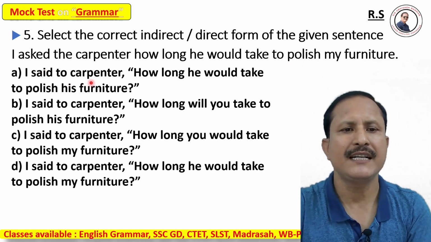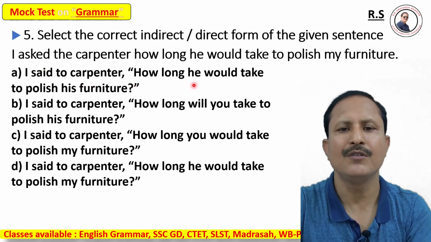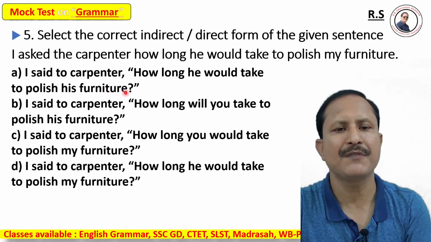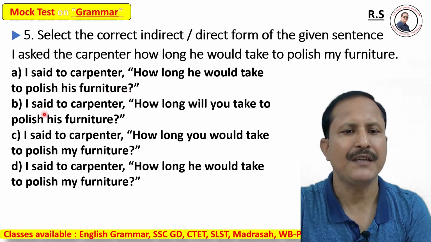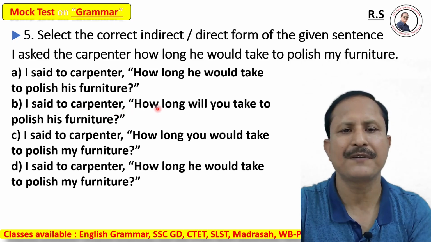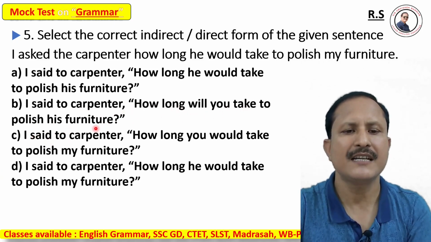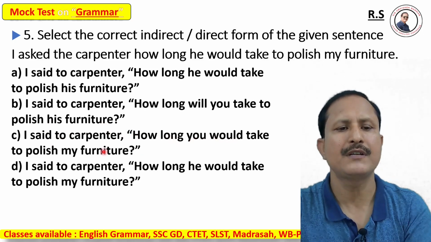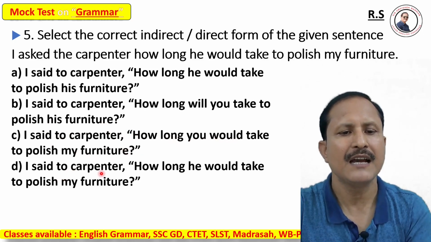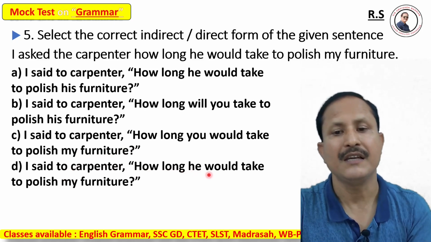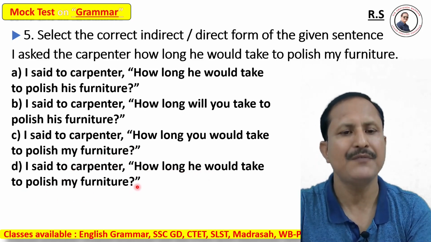Option A, I said to carpenter how long he would take to polish his furniture. Option B, I said to carpenter how long will you take to polish his furniture. Option C, I said to carpenter how long it would take to polish my furniture. Option D, I said to carpenter how long he would take to polish my furniture.